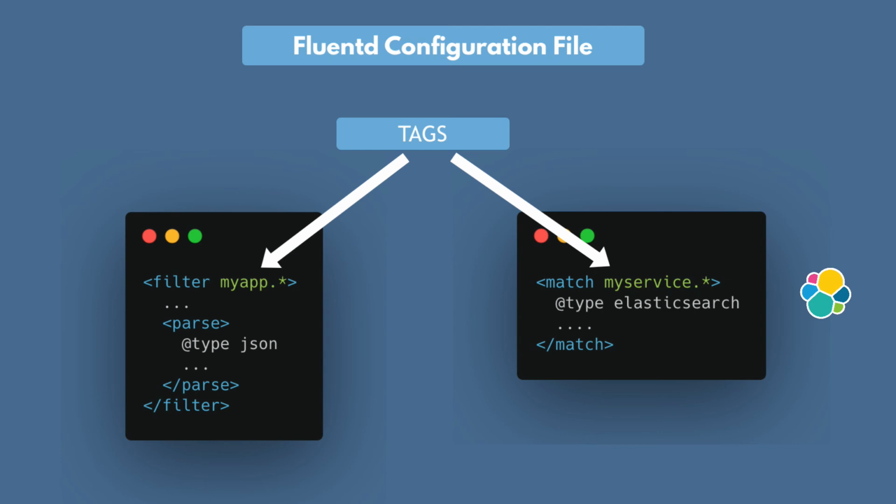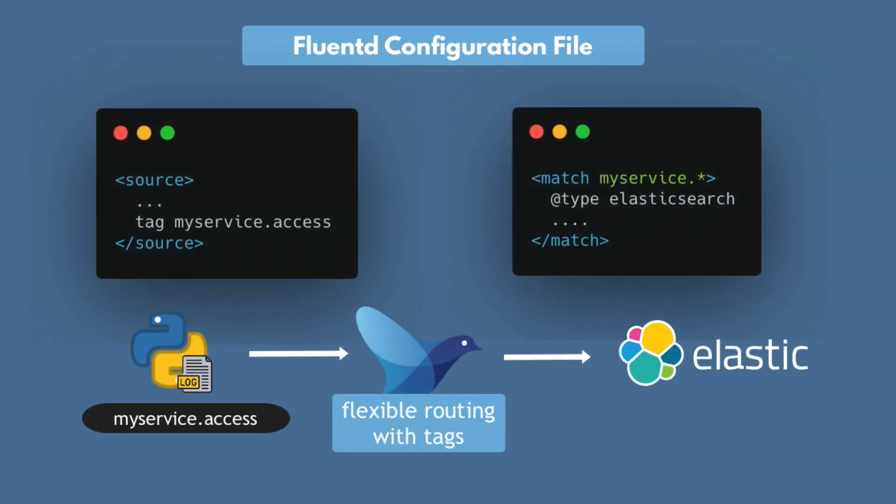And also using these tags, you can easily filter out any unneeded logs to save resources, for example. And the flexible routing that I mentioned before, that's why it's easy to configure, because using these tags, you can very easily configure which logs should go where. So that's basically how you can use Fluentd for your logs.